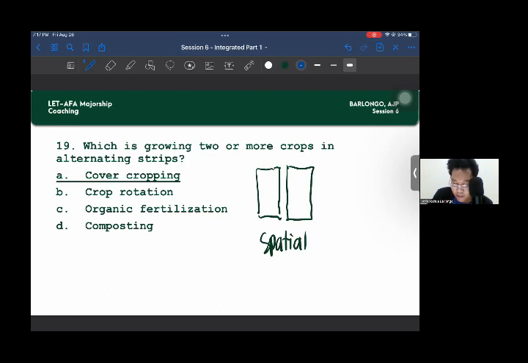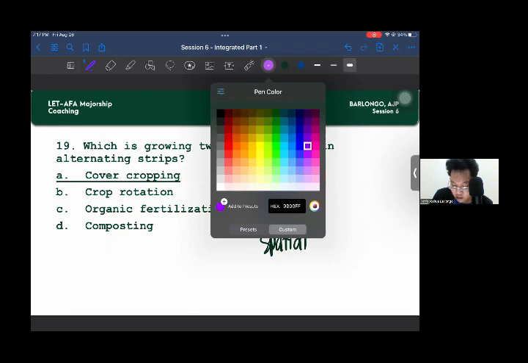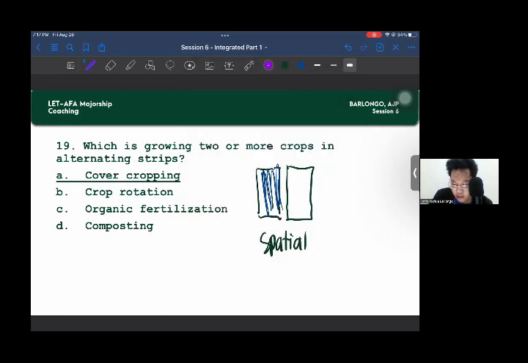So this would be crop A and this would be crop B. Yeah. Ayun yung pwede sa cover cropping. Kasi kapag cover cropping, you are also allotting a space doon sa field mo or sa farm mo for another crop. Ayun.